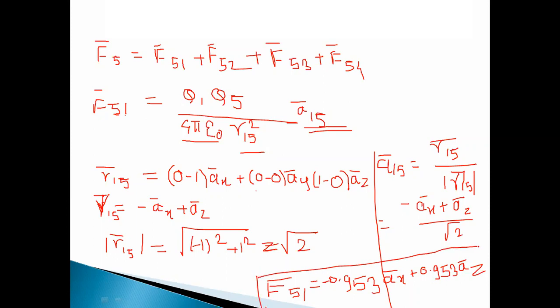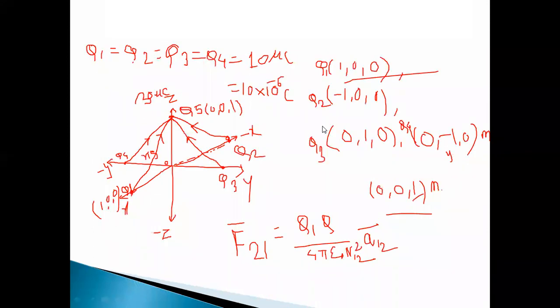Similarly, you have to find F bar 52. Just change this: instead of Q1, write Q2; instead of R15, R25; instead of a bar 15, a bar 25. But while taking the direction, it is from Q2 to Q5. So first you have to consider its coordinates.